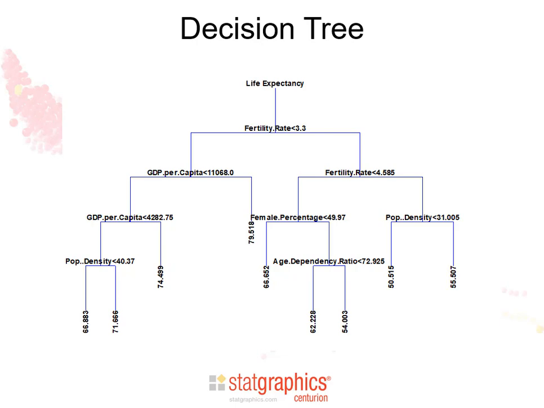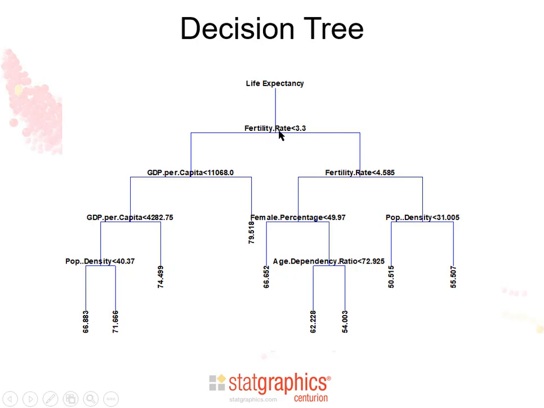Here's the final decision tree that I built. It's predicting the life expectancy. It's a standard tree similar to what we saw for the Titanic data. At each decision node, it looks at a particular variable. The first one it picked was actually the fertility rate.